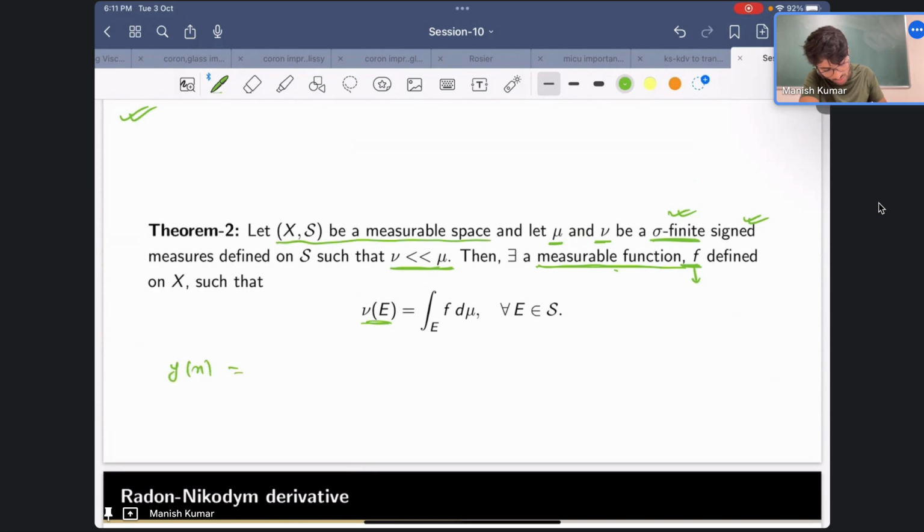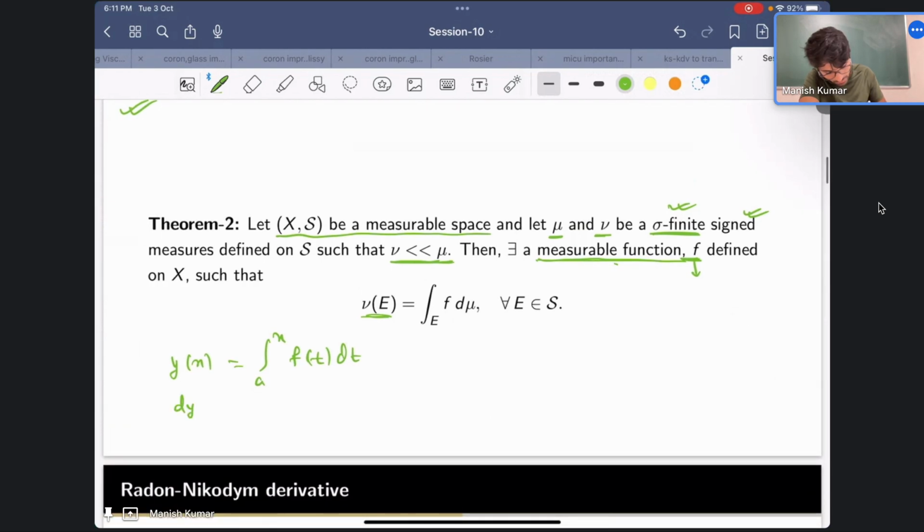Suppose y of x is equal to the integral of f of t dt, with a lower limit a.